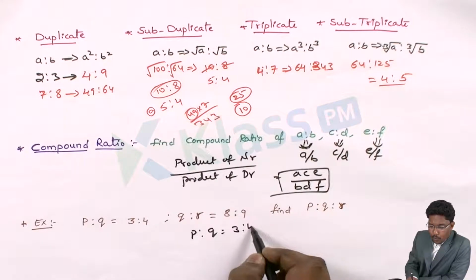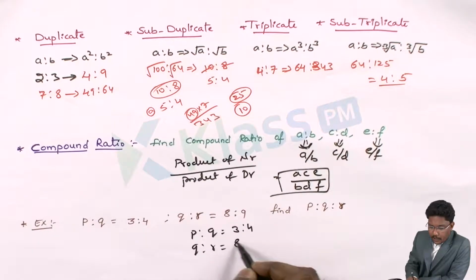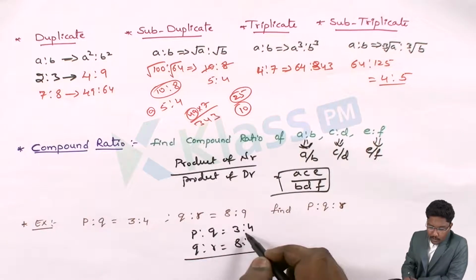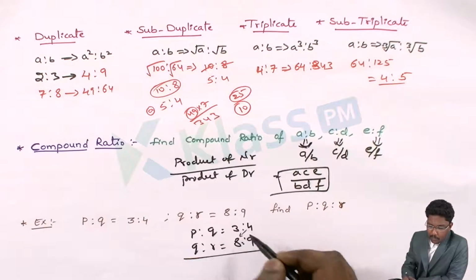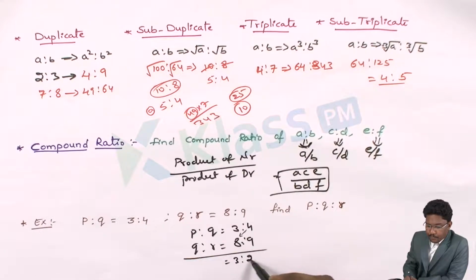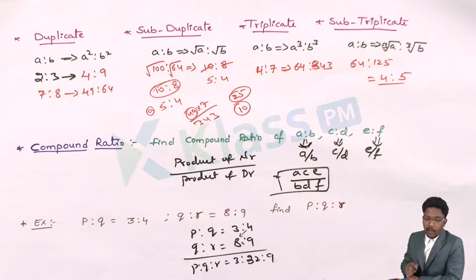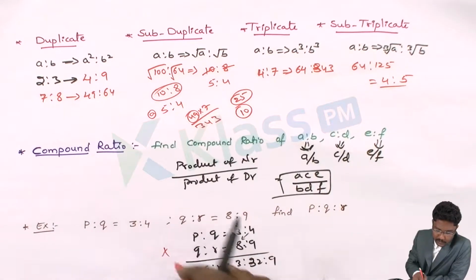P is to Q is 3 is to 4, Q is to R equal to 8 is to 9. Directly we can say the common term is Q, then we multiply and write 3 is to 32 is to 9. Generally everyone does like this, but it is a wrong thing. Why?